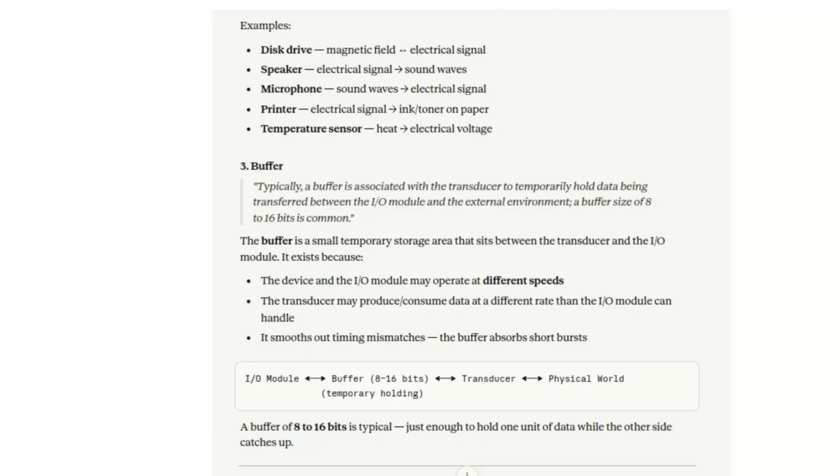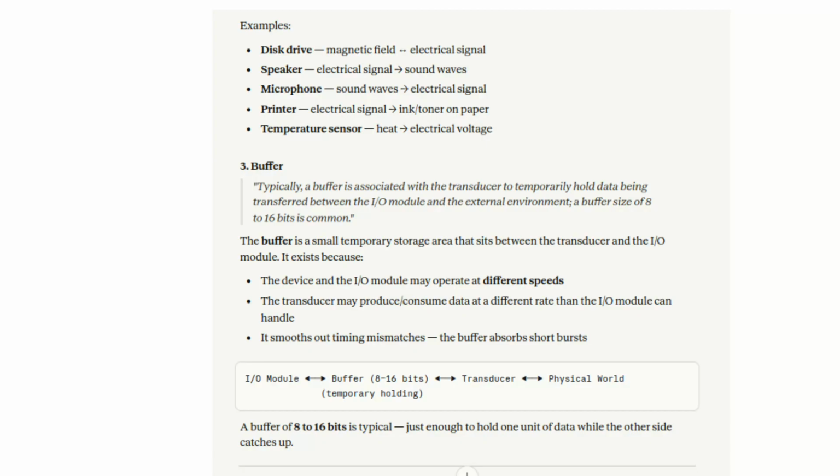So you have to understand that buffer is actually a device which is associated with this transducer itself, and it is used to temporarily hold the data that you are transferring between the IO module and the external device. And a buffer size of 8 to 16 bit is there.